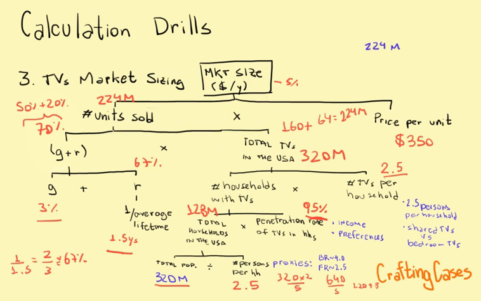224 million times 350. Well, let me get rid of the zeros first. And we're going to get 224 times 30 plus 224 times 5. And we're going to multiply this by 10 million. Okay?